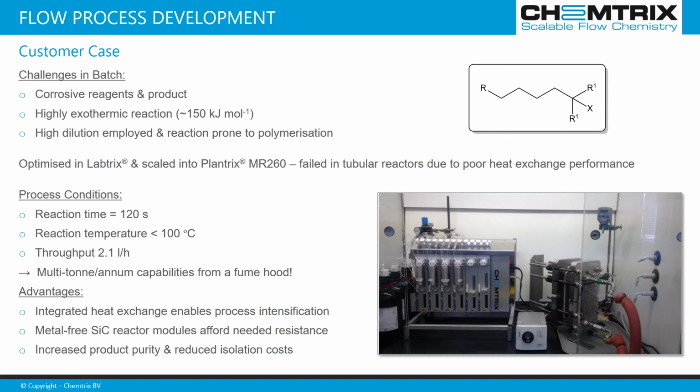So by having that precise dosing of reagents, good heat transfer capabilities in the reactor, and a metal-free reactor to be resistant against the highly corrosive materials that are being used, we're able to generate a high purity product that doesn't need any isolation subsequently. So in this particular case, by optimizing the process well, we're able to increase product purity and significantly reduce isolation costs and raw material costs.